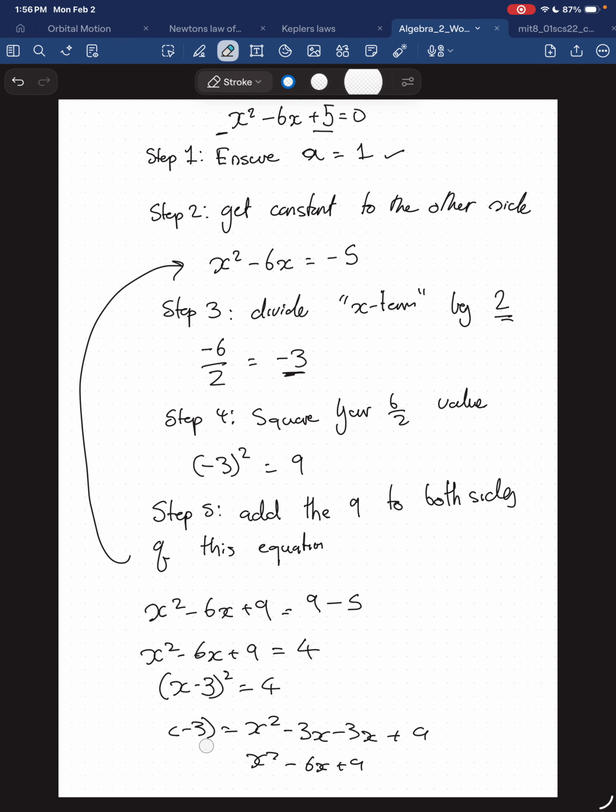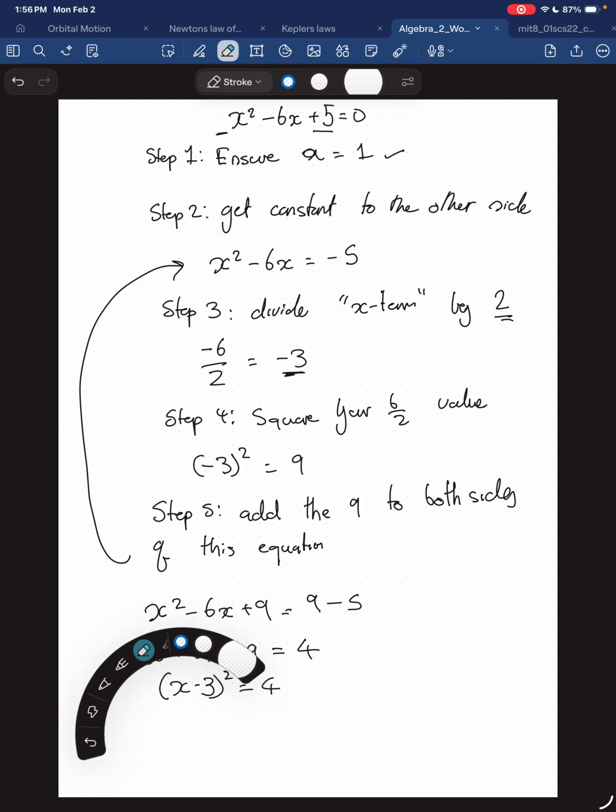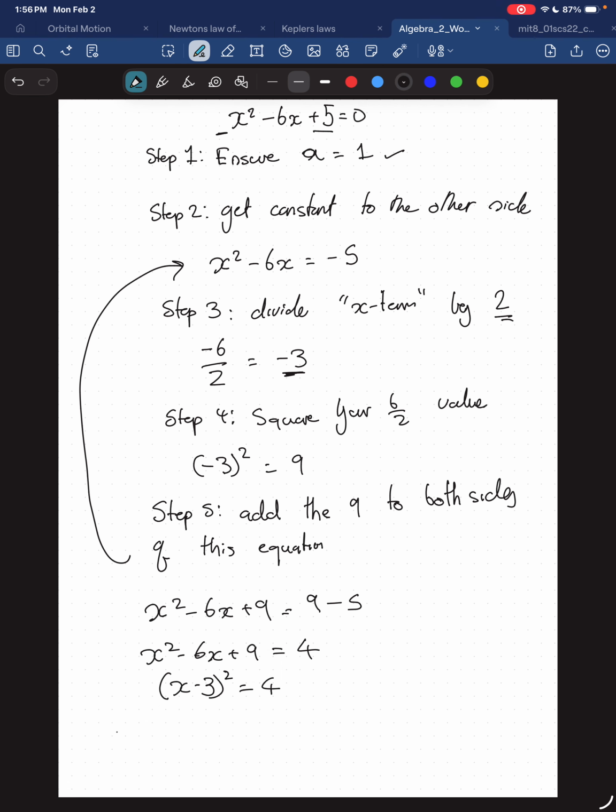And this here is our vertex form. The last step is just to solve. We square root both sides to get rid of the square. x minus 3 is equal to the square root of 4. The square root of 4 is just 2, and this is going to be plus or minus because of the square root. Then we have two values of x.